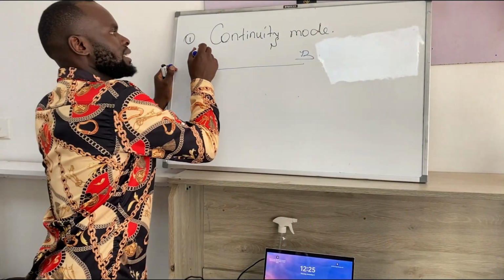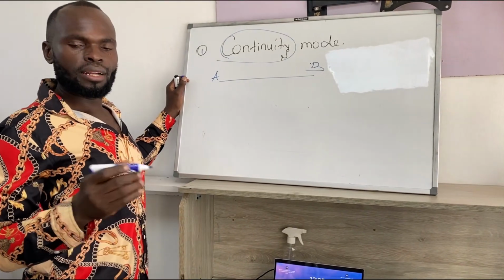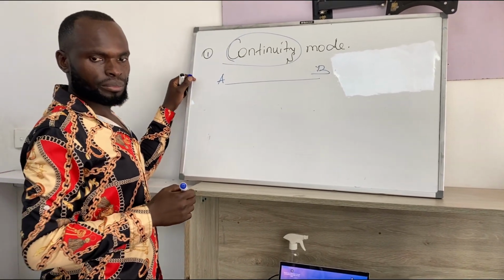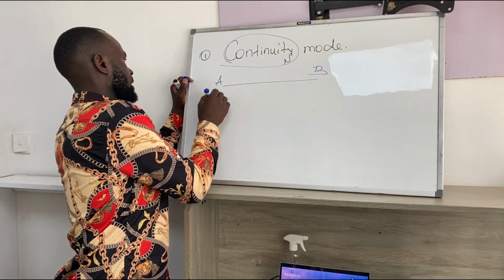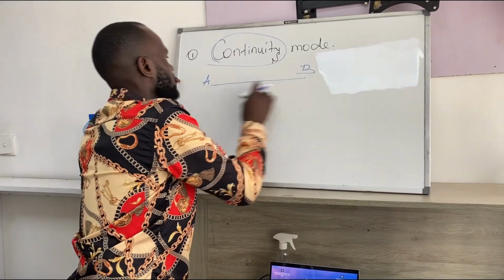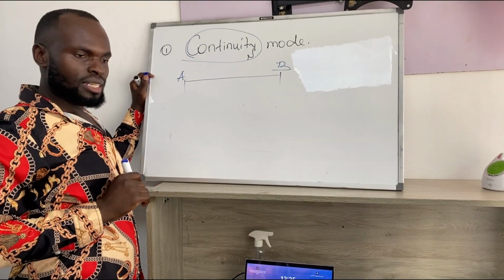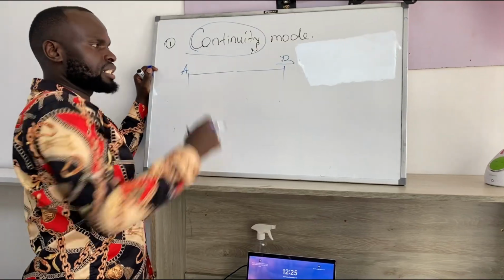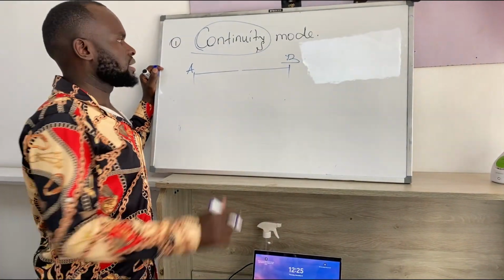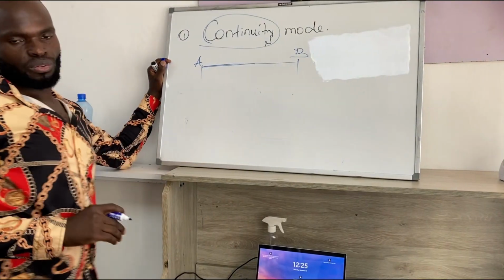Continuity mode is coming from the English word continuous. There is no breakage in between, okay? So line A to line B will be considered continuous if there is no breakage in between, okay? So line A, B is continuous.